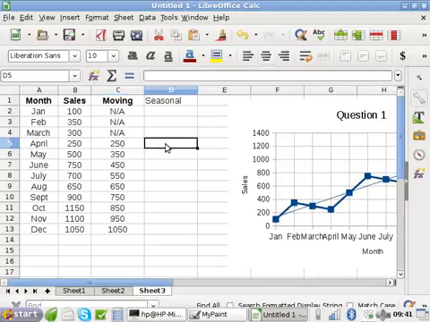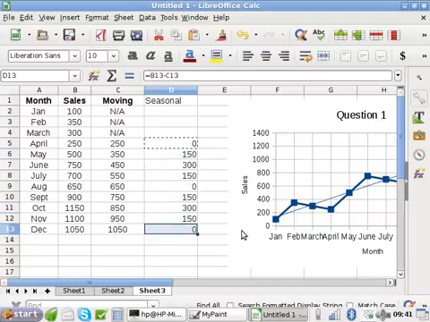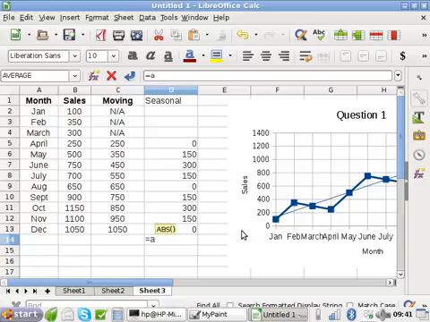What you need to do first is get the errors, or the residuals. So that would be this minus this, and that's 0 here, 150, and so on. And then we can average those. So this is like the average seasonal difference.